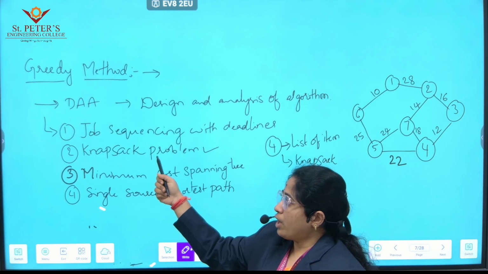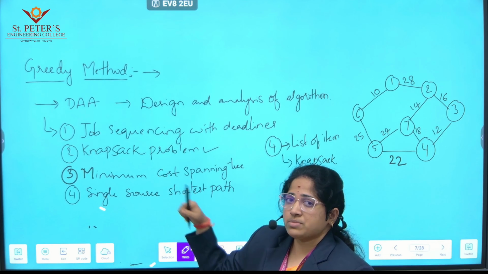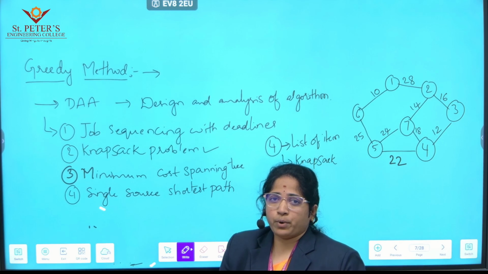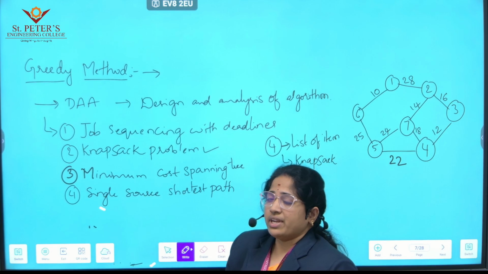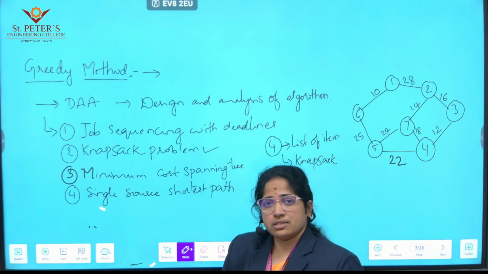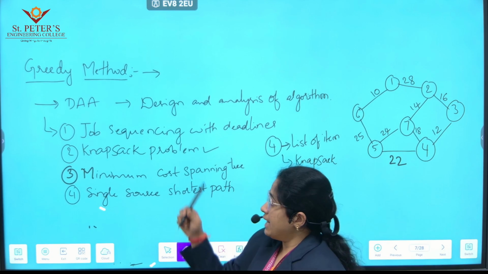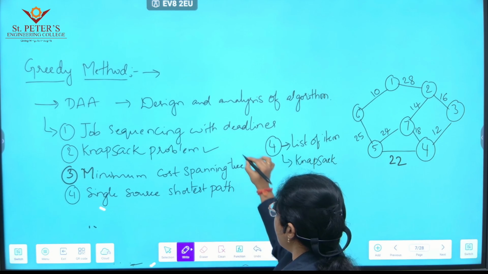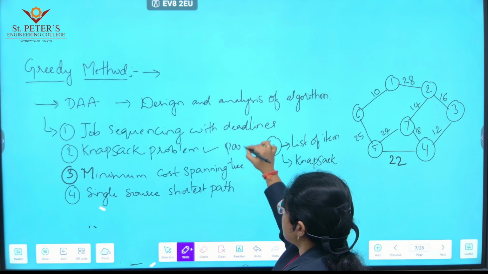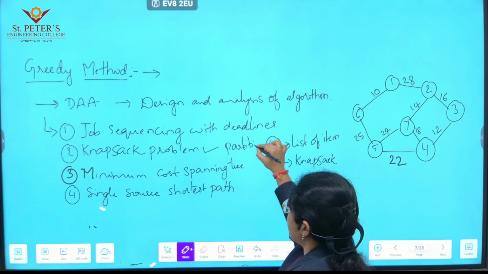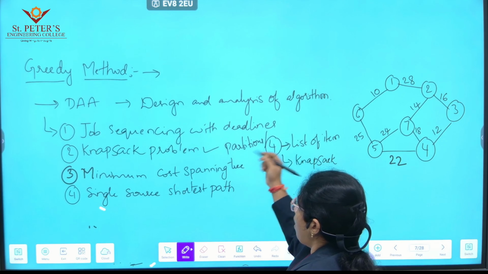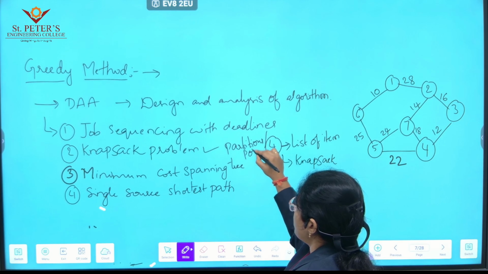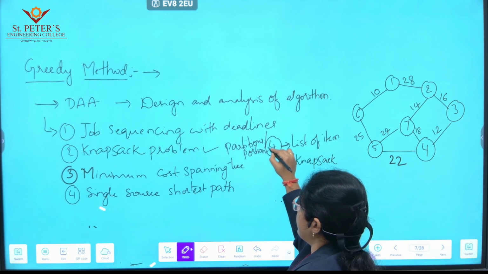Unlike previous problems such as dynamic programming, where we decide whether an item should be placed in the bag or not, with the greedy method we can place the item in partitions also, that is, portions of that item.